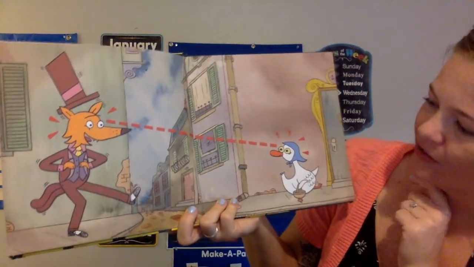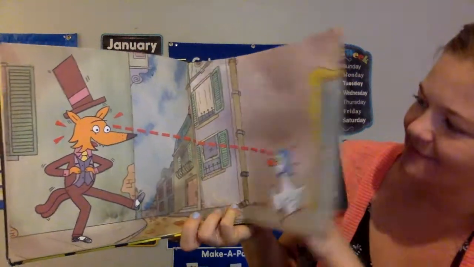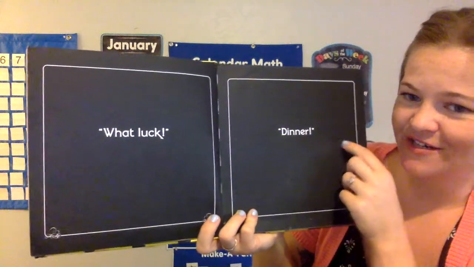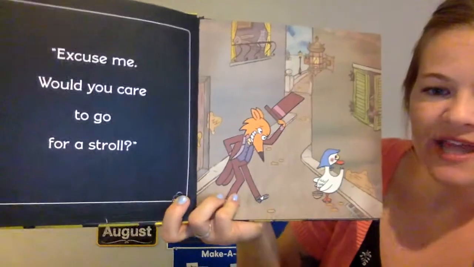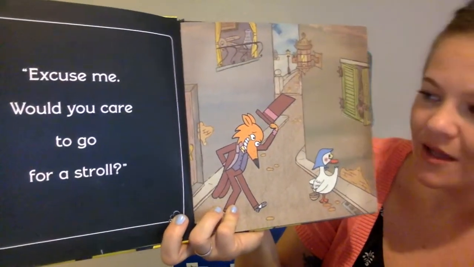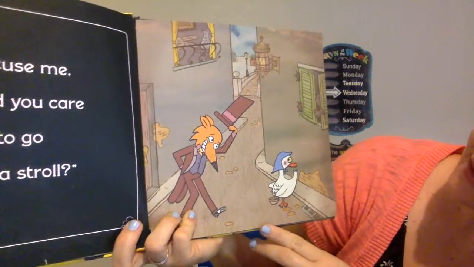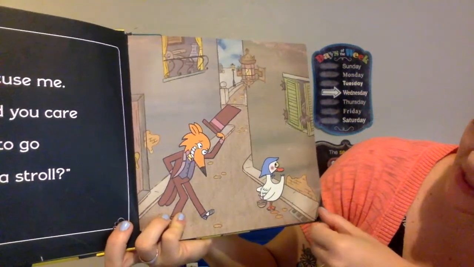They see each other. What luck! Dinner. Excuse me, would you like to go for a stroll? Oh, look, I see a little bunny in the window. No pigeons yet, though.